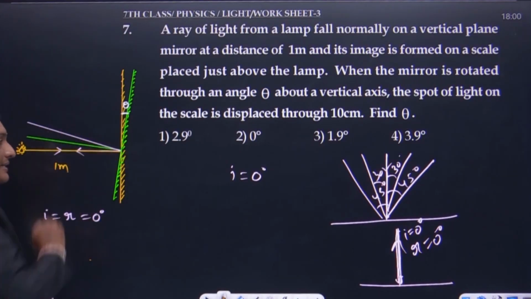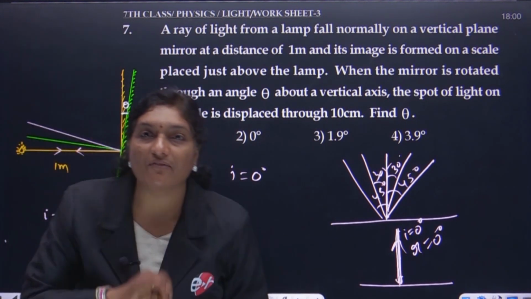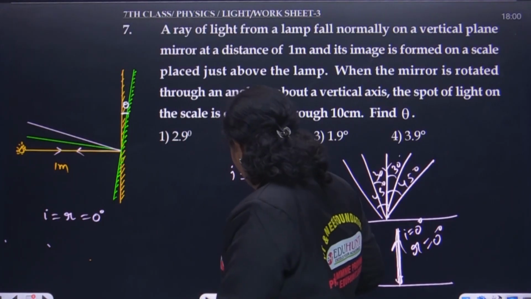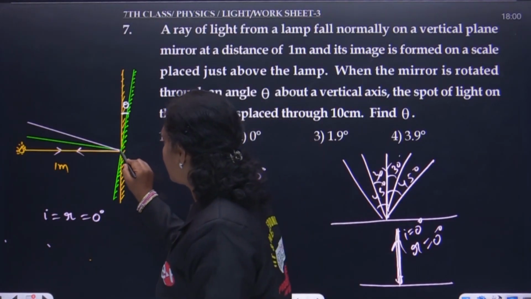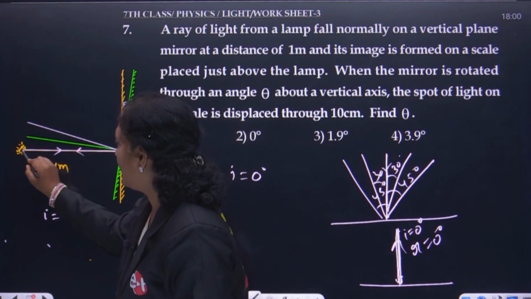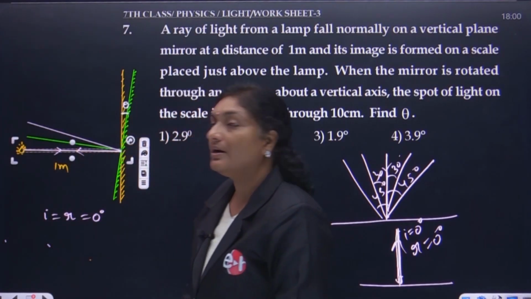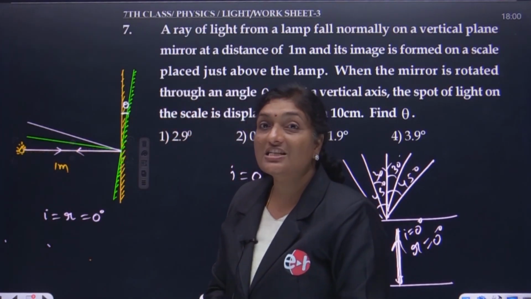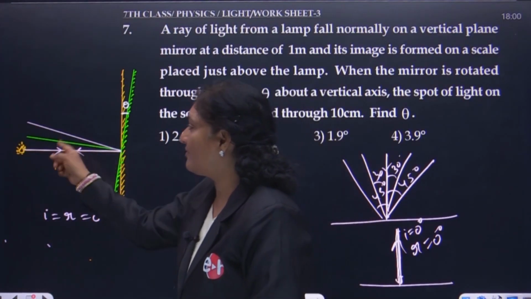Mirror rotates by an angle theta. Normal shifts by an angle theta, whereas the reflected ray shifts by an angle 2 theta. So, where was the initial reflected ray? Here was your initial reflected ray; this incident ray as well as the normal were in the same direction. This was your initial incident ray and hence the reflected ray.